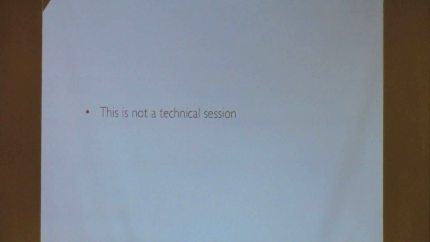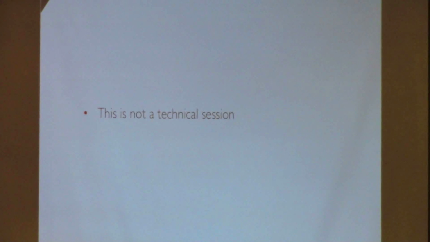But this is for developers. It's also for designers. Hopefully you'll get a lot out of this. This is not a technical session, so I'm not going to talk about CSS and drop shadows and that technical stuff. You guys are probably smarter than me in that area. I'm going to show you when you would apply, say, a drop shadow. Because sure, we have rounded corners and web fonts available to us, but when do we use this technology at our fingertips?